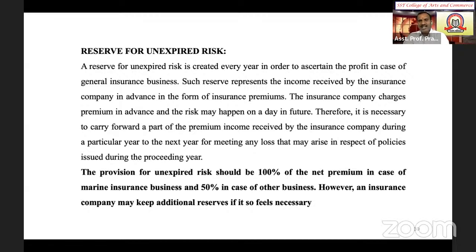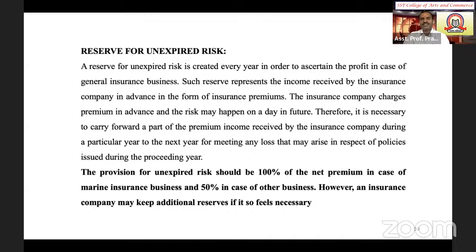If your question asks on marine insurance, my dear student, so 100% premium, 100% unexpired risk reserve must be taken. And if it is any other business like fire or any other general business, you can calculate a 50% provision for unexpired risk reserve.